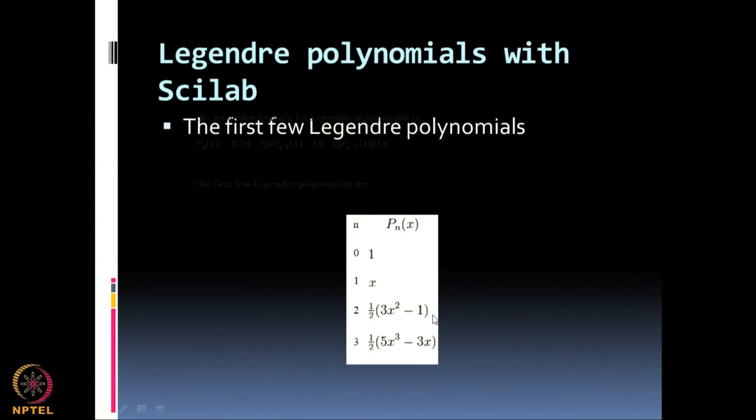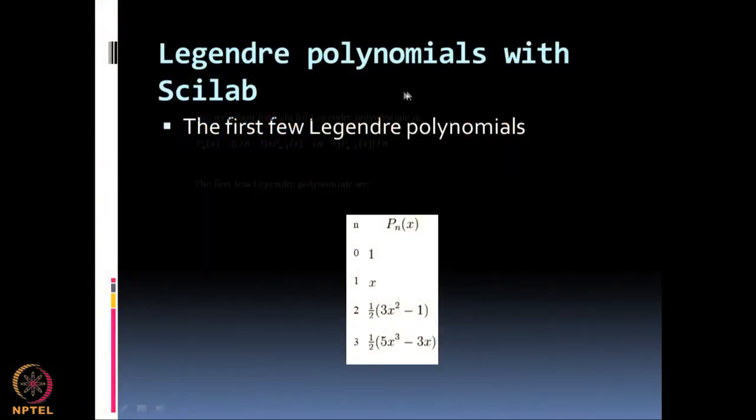Now, the next thing I want to do, remember in chemistry, we study a lot of orbitals, and the radial part of the orbital is given by a certain set of polynomials, and the angular plots are given by another set of polynomials. Those angular plots are called Legendre polynomials, P_n(x). Okay. So, n is the index.